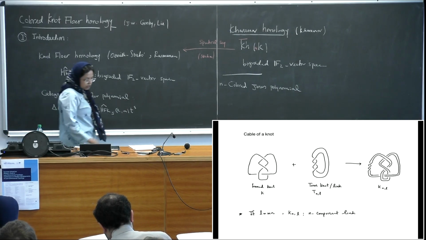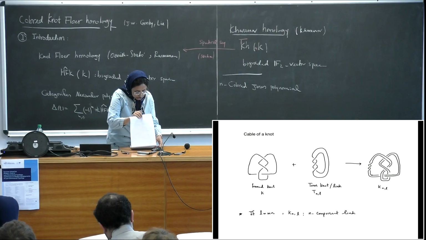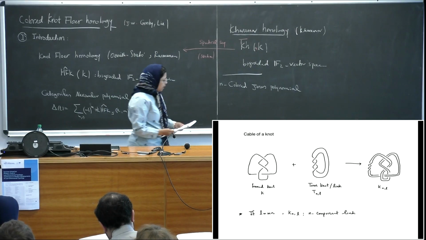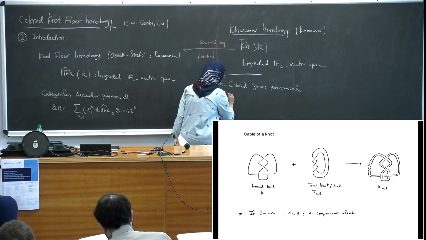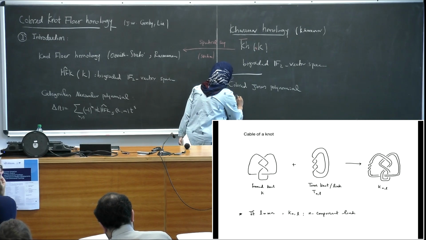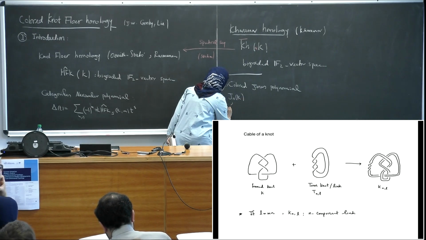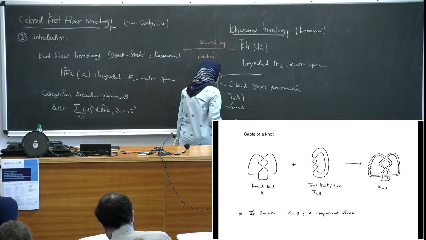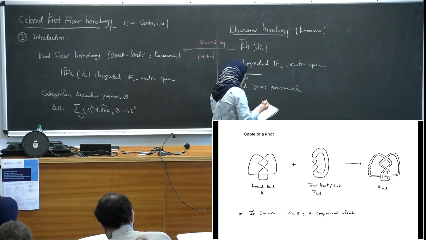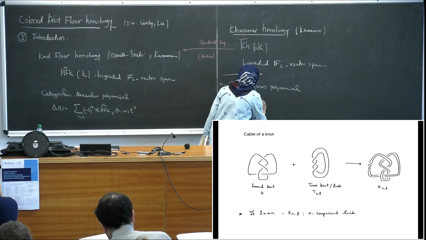Okay. So for the Jones polynomial, we can describe, for instance, the n-colored Jones polynomial as the limit of this.